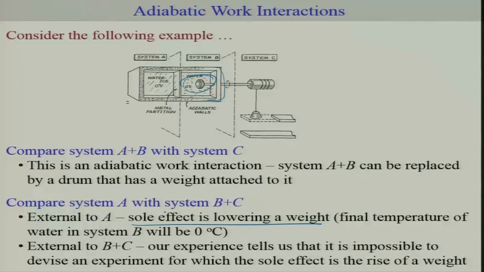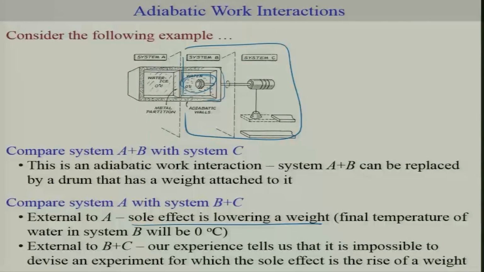Okay. But if you consider external B plus C here, we cannot replace system A by a drum and a weight. There is no way you can come up with an experimental replacement of such a thing. So, it is impossible to devise any experiment for which B and C's sole effect will be the rise of a weight in this case.